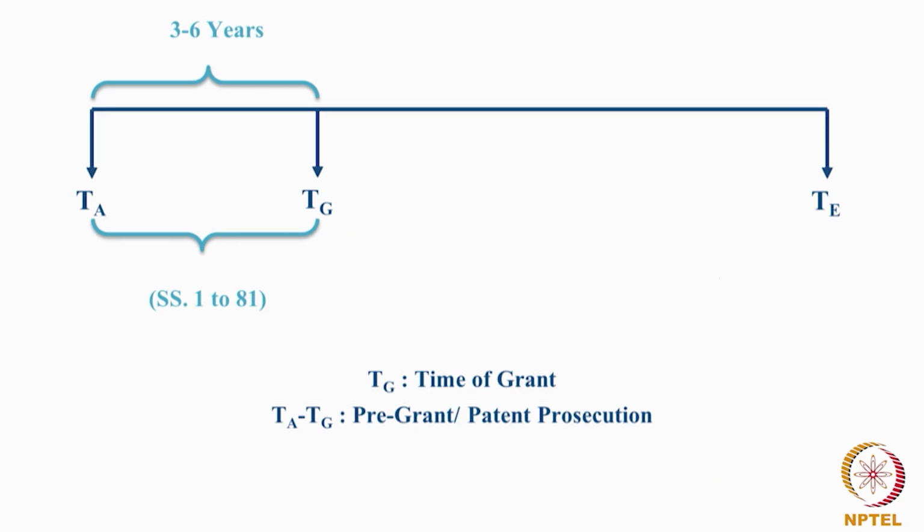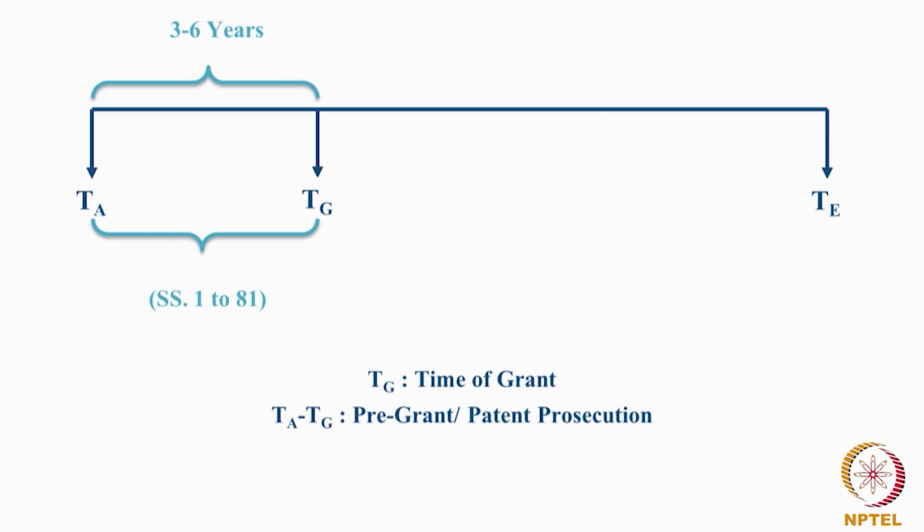So, on an average, we could say that the time between filing the application, the time of application, and the time of grant, which is when a patent is granted by the patent office, takes roughly 3 to 6 years, and the sections in the Patents Act that govern this stage, that is from TA to TG, are largely sections 1 to section 81.